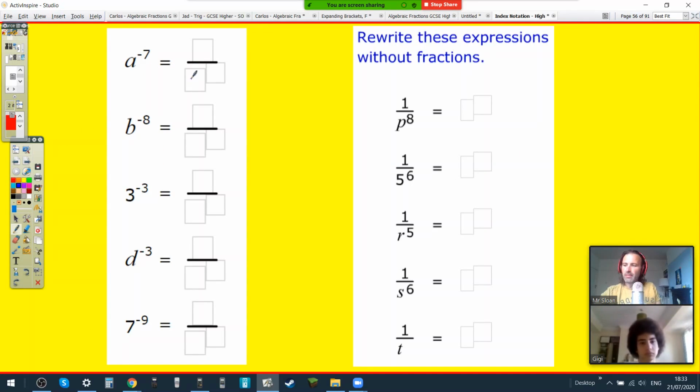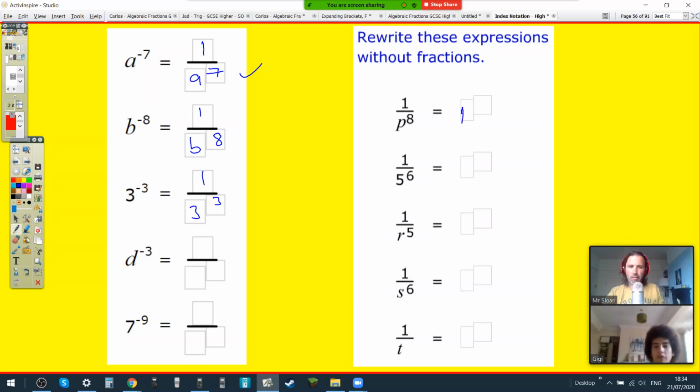Okay, let's try these. It would be 1 over a to the power of 7. 1 over b to the power of 8. 1 over 3 to the power of 3. I think you get the idea. And then how about going backwards?